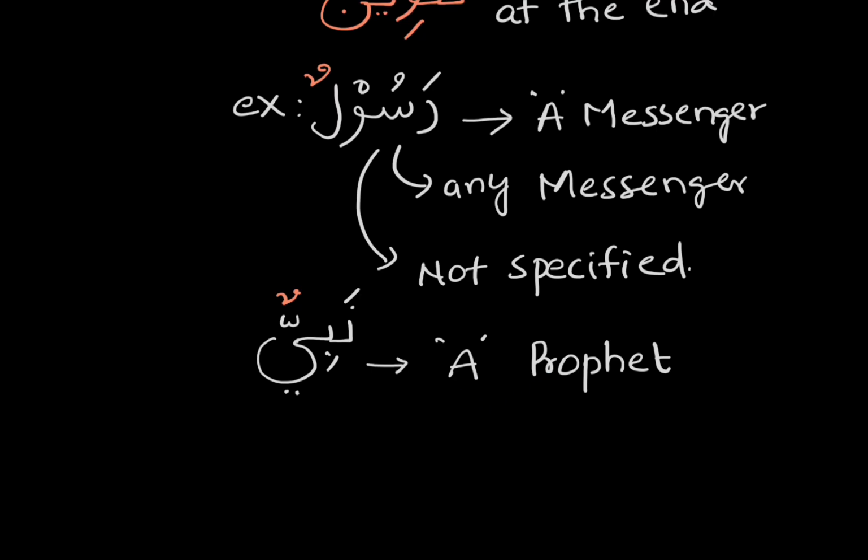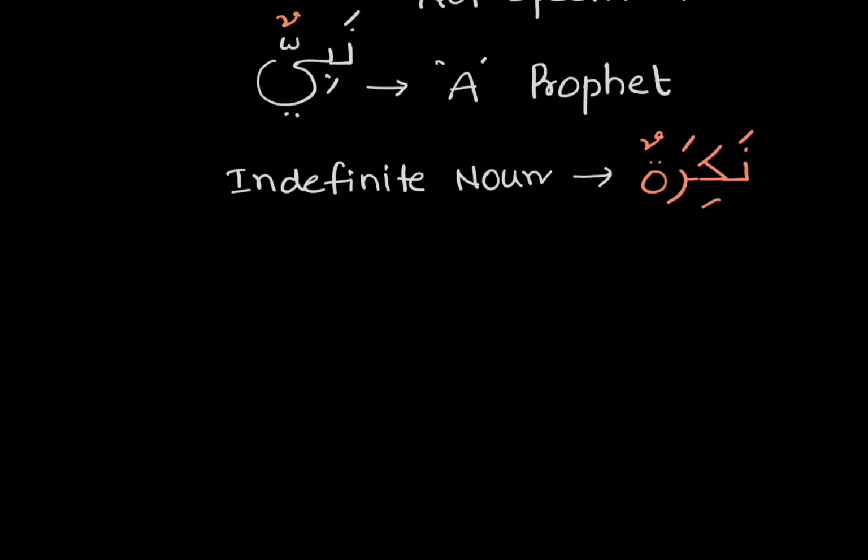A prophet can be any prophet, so it is also not specified. So this is also an indefinite noun. An indefinite noun in Arabic is known as nakiratun.